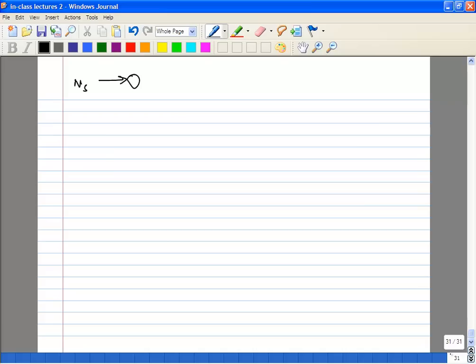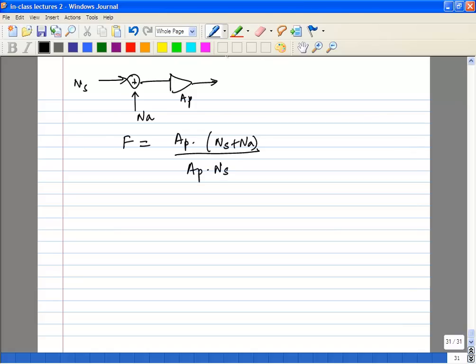So let's consider an amplifier of some available gain, AP. The input noise is NS and the additive noise is NA. What is the noise figure? It's AP times (NS plus NA) over AP times NS.